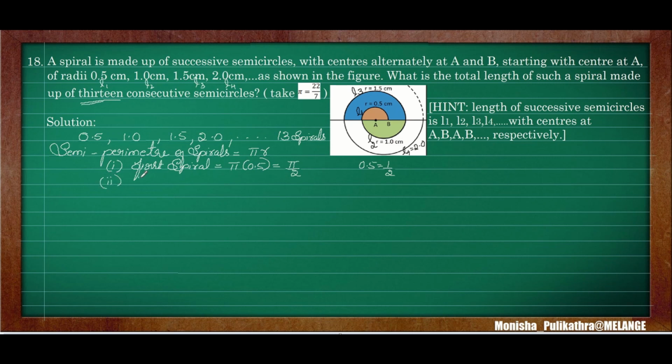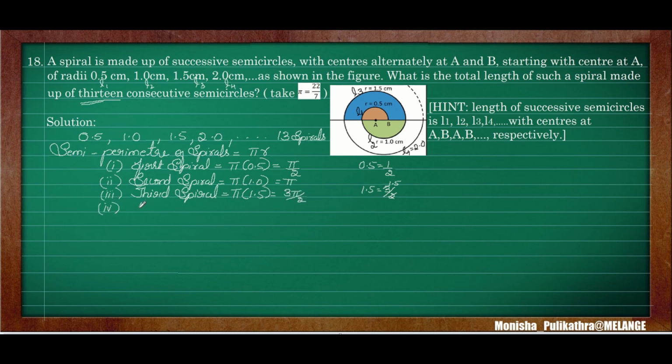Next, for the second spiral, pi into 1.0, pi into 1 is pi itself. For the third spiral, pi into 1.5, we can write 1.5 as 3 by 2. So we can write it as 3 pi by 2.